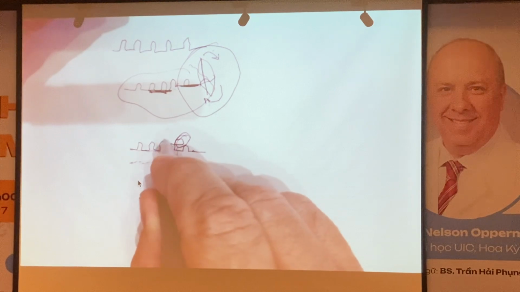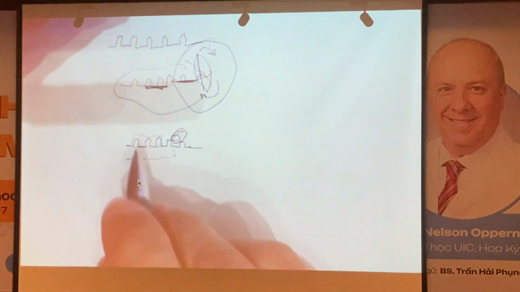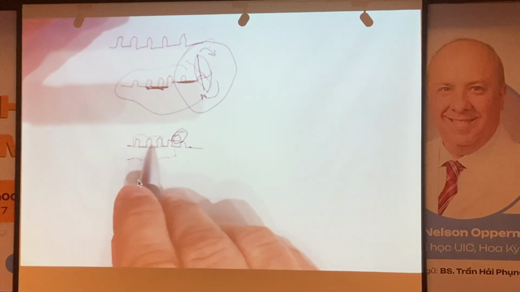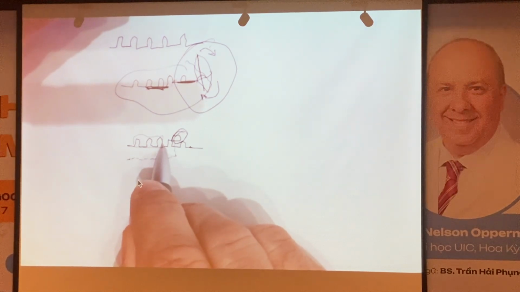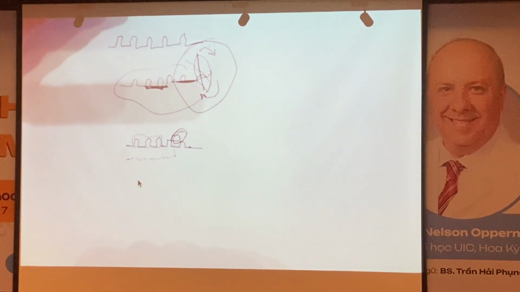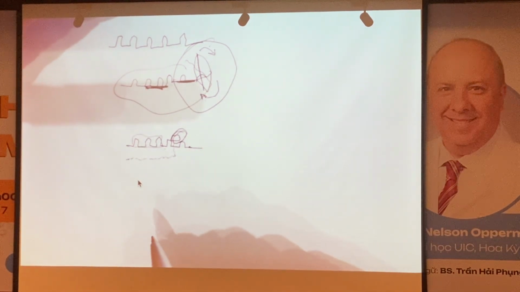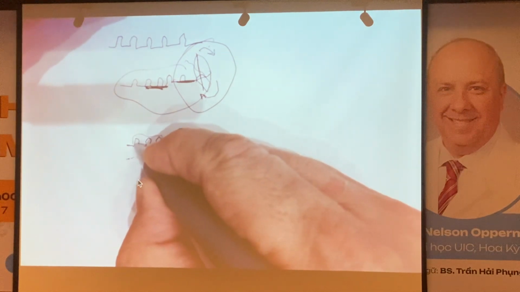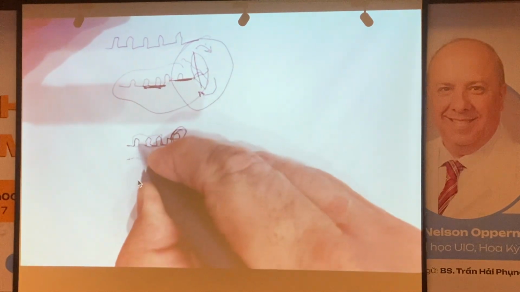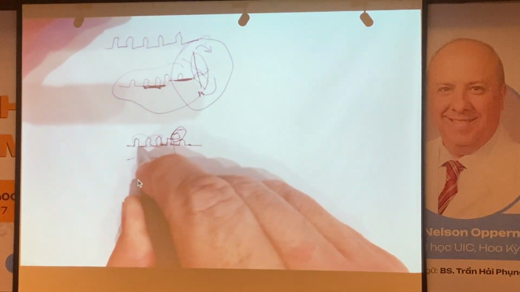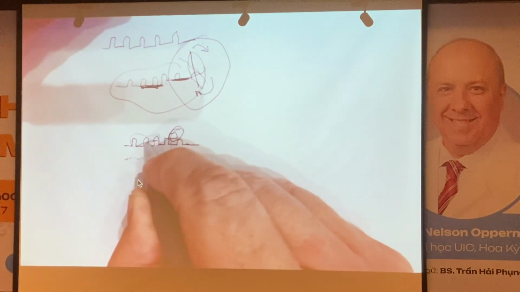The posterior area. I only put loops if I need. If I don't need, if the segment is already straight, I usually put a loop between molar, and here I put straight.